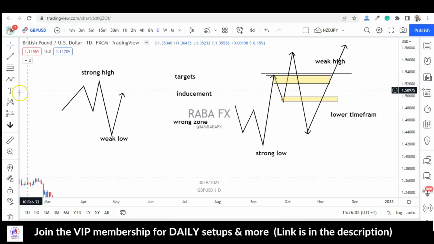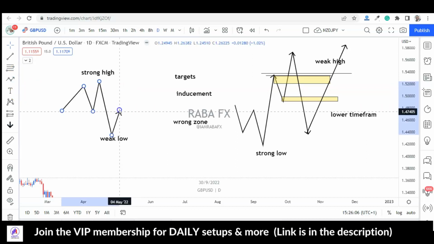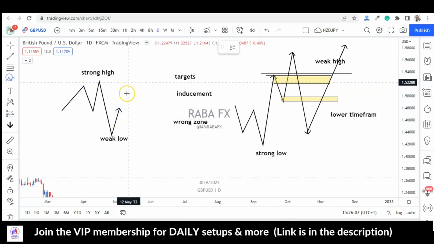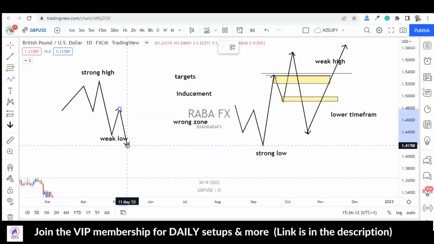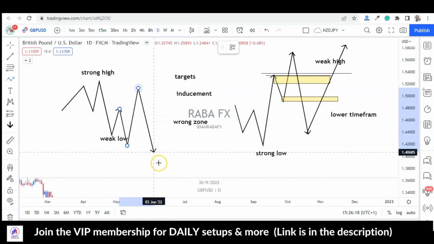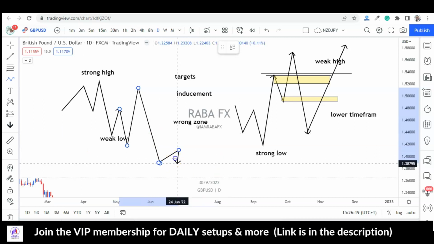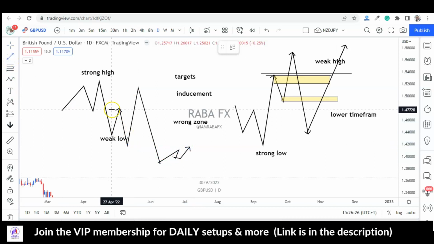For the bearish setup, if this move stops here, went low, taking out this weak low already, this is also a weak high in this sense, because it didn't grab liquidity. This is what I'm talking about, market taking liquidity. Okay, it didn't grab liquidity, so in this case it's in a wrong zone.